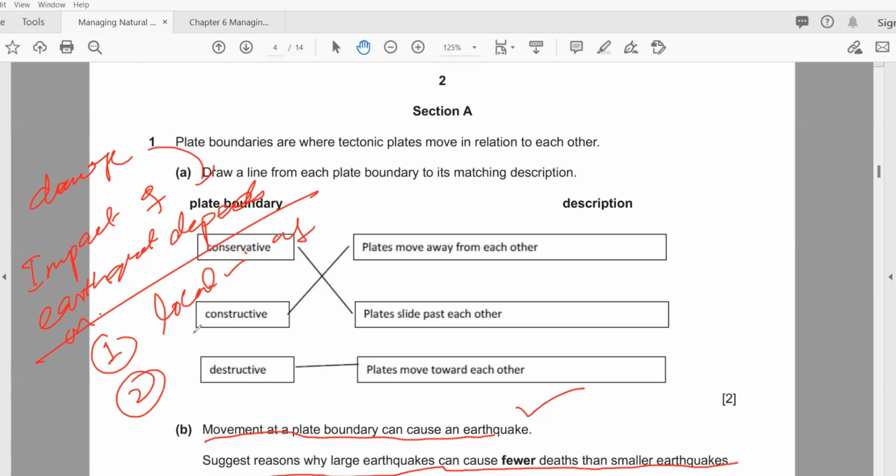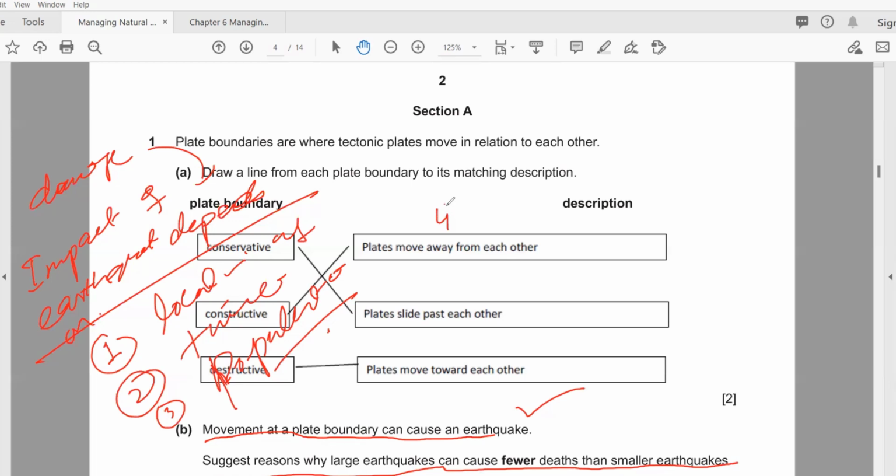Like the time. Yes, if it is night time, maybe people don't have time to wake up and go out of the building. After that, the population. Yes, population is also good. If the affected area is more populated, there are more deaths.